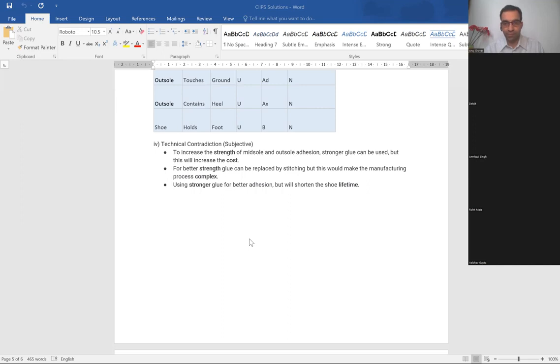Actually, my marks have been deducted for writing this, so that's why. No, you talk to the TA. I think she might have another reason to deduct the marks. These are not the only three answers. There can be many different kinds of technical contradictions. These are the 3 examples. See, that is why I've written the word subjective over here, that people would come up with different answers. What is important to see is that there is an if, then, but kind of a statement.